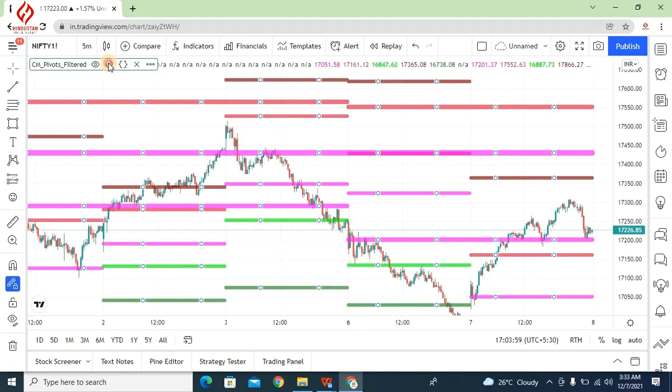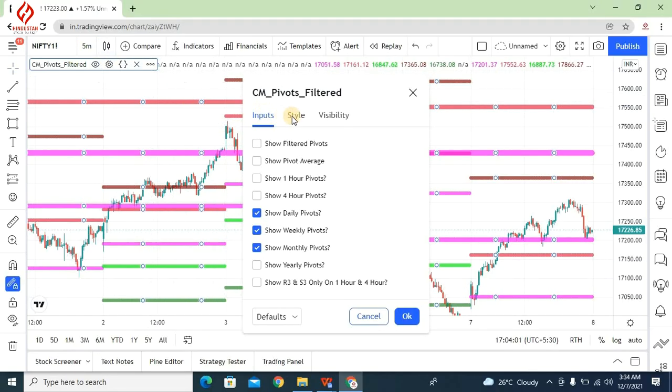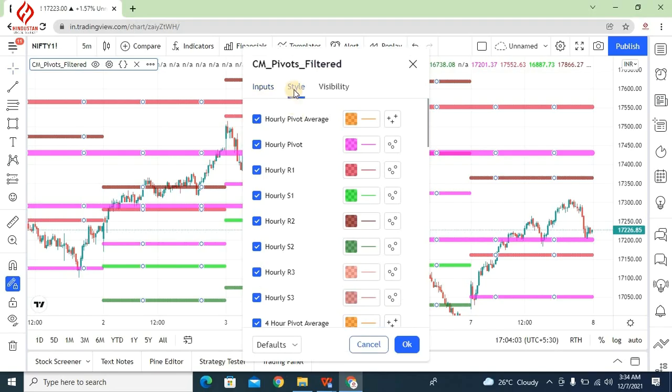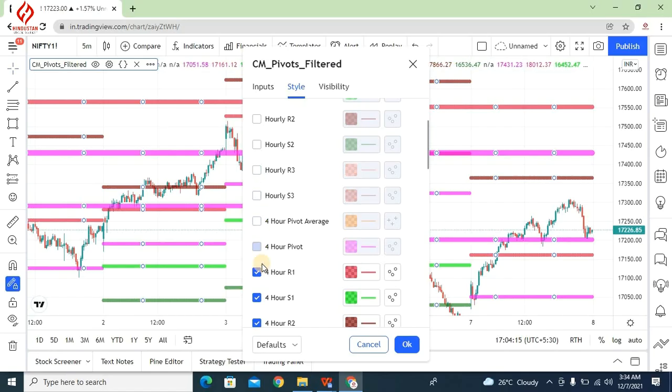Okay, then again go to settings and come to this second section, that is style. So here we don't want these hourly pivots, you just unmark these hourly pivots, right? And we don't want this 4 hours pivot also, because if you keep all these pivots there will be more number of lines, you will get confused.